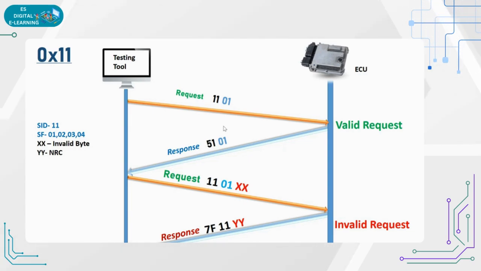In interviews, they will ask this type of question. Very good. After giving the response only, it will reset. Once the positive response is sent, the ECU will do the reset. It will do the hard reset also, and the soft reset also. There are types I discussed earlier. Those kinds of reset will be performed after we send the request. Okay, good question.